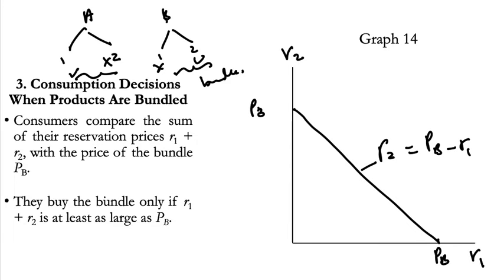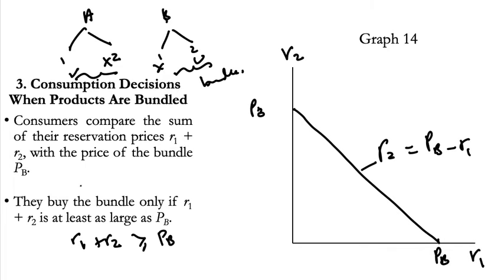A bundle can only be purchased by these two persons as long as what? Reservation price for good 1 plus reservation price for good 2 is more than the price of the bundle itself, or at least the same as the price of the bundle. Otherwise, purchasing the bundle is not worth it because you would expect cheaper when the price is a bundle, isn't it?